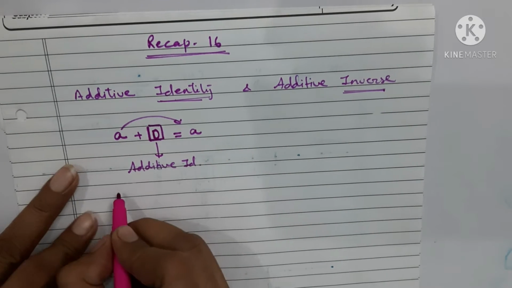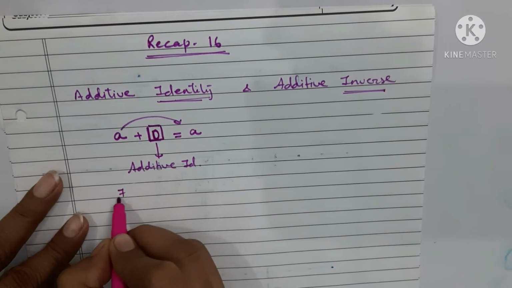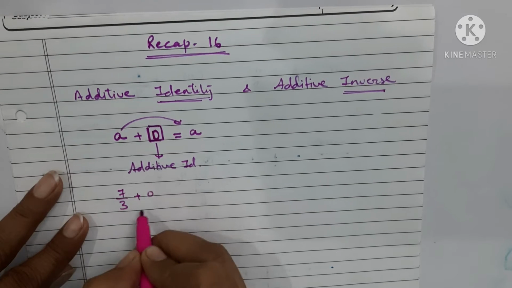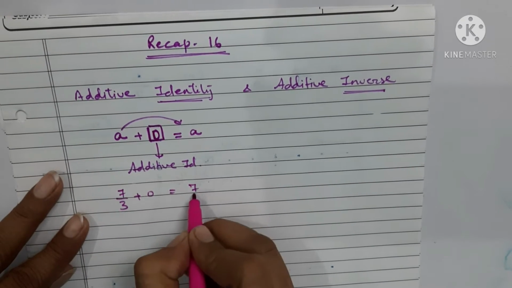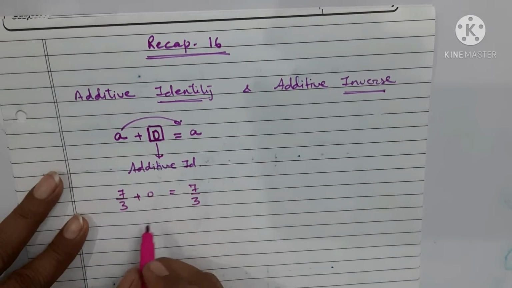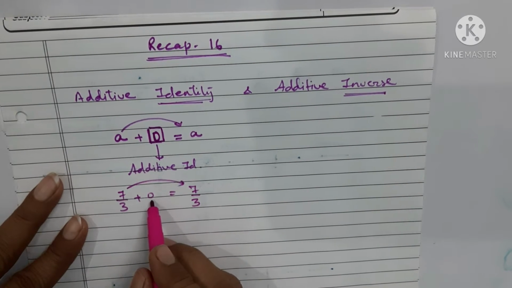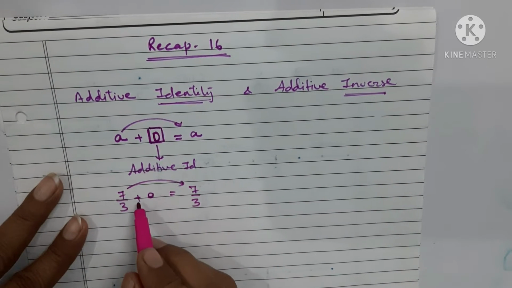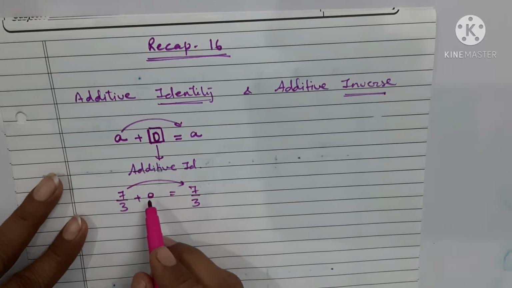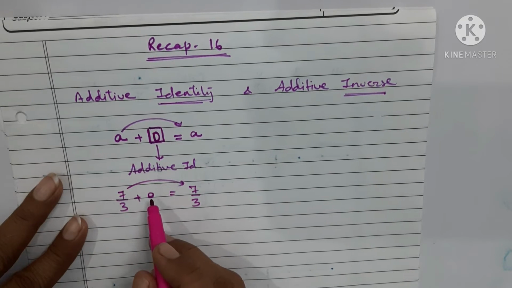For example, if you have 7 upon 3 and you add 0 to it, definitely you are going to get 7 upon 3. You get the same number without any change. That is why 0 is the additive identity for rational numbers, even for integers, even for whole numbers.